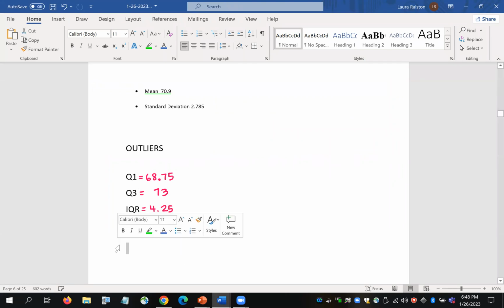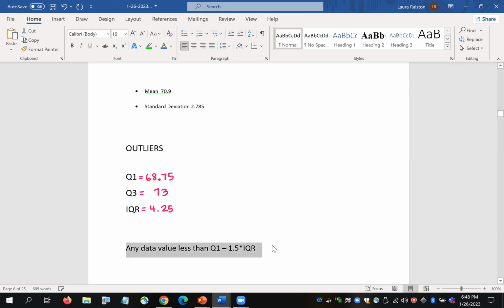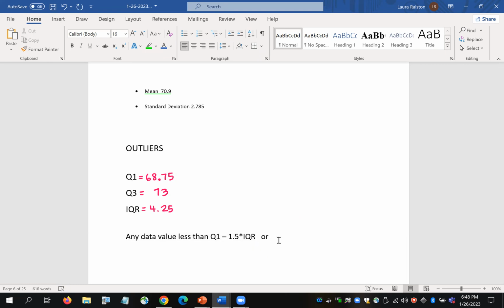Okay, so the formula says any data value less than Q1 minus 1.5 times the IQR, or greater than Q3 plus 1.5 times the IQR.